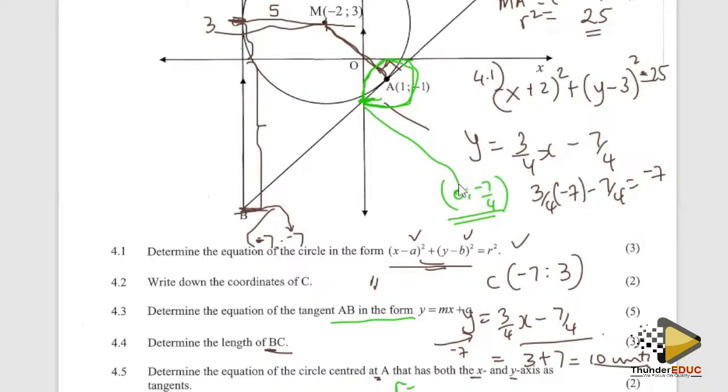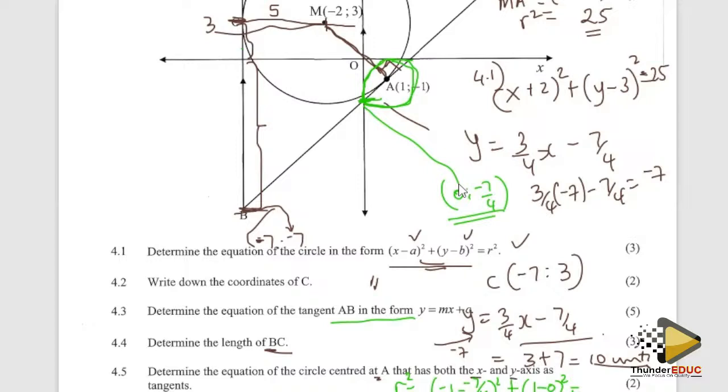Okay, so my radius, why don't I say radius squared? It's going to be -1 minus -7 over 4, squared, plus 1 minus 0, squared. So what do we get? We're saying -1 plus 7 over 4, squared, then plus 1.